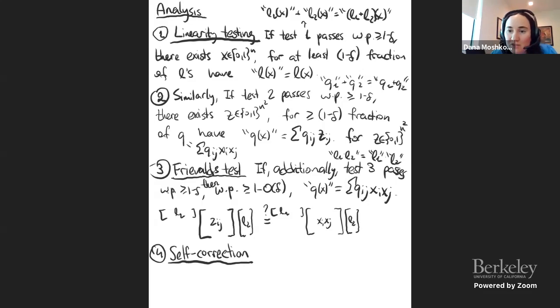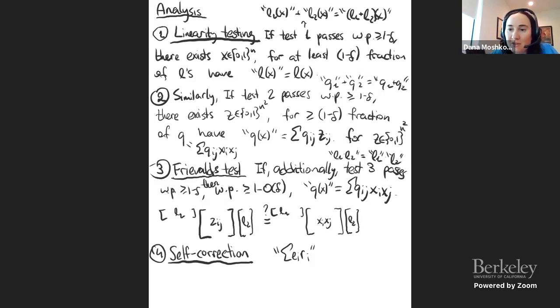Okay, so this is what we achieved so far. But this is true for most Q's. This is true for 1 minus order delta of Q's. It's not true for every single Q. So if I pick a random Q, with high probability quotation QX equals QX. But if I look at any particular quadratic form, this may not be the case. And the issue is that some EI RI is a very specific quadratic form, right?